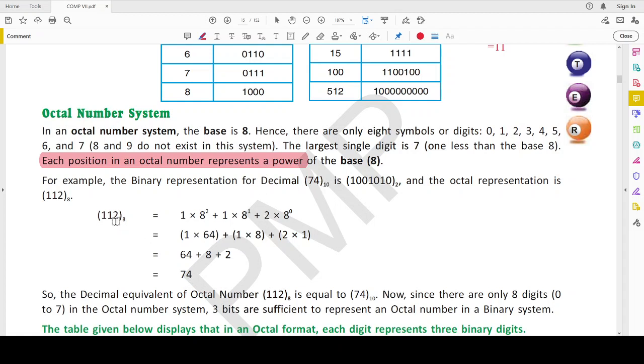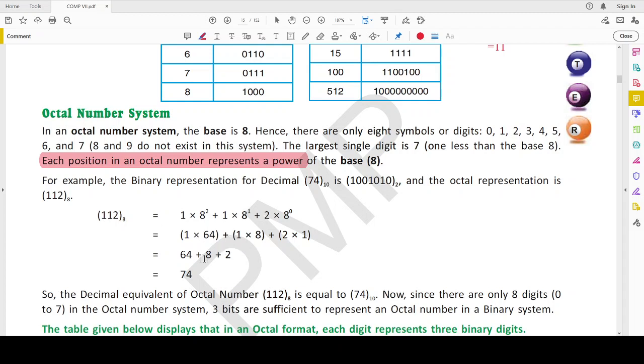So each position in an octal number represents a power of the base 8. From right to left, we calculate 8 to the power 0, 8 to the power 1, 8 to the power 2: 2 into 8 to the power 0, plus 1 into 8 to the power 1, plus 1 into 8 to the power 2.